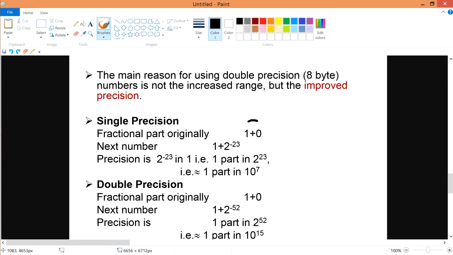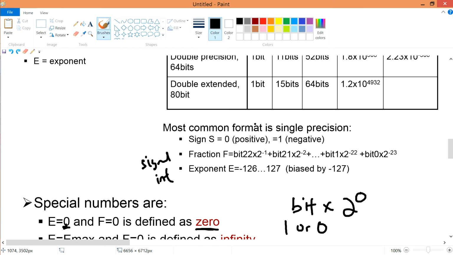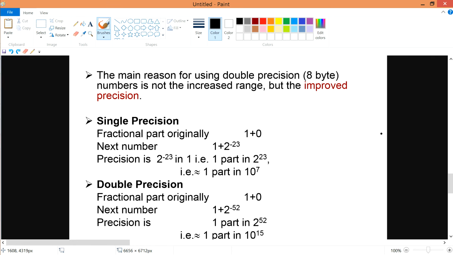Over here, for example, 1 plus 0 you can rewrite as 1 plus 2 to the negative 23, because the highest fraction is 2 to the power of negative 23. If you write it out, it is 1.00000 all the way to 1. So you can go all the way to the 23rd decimal place.